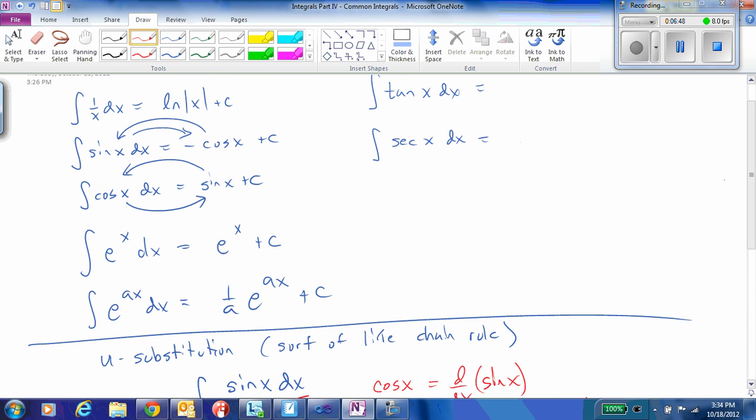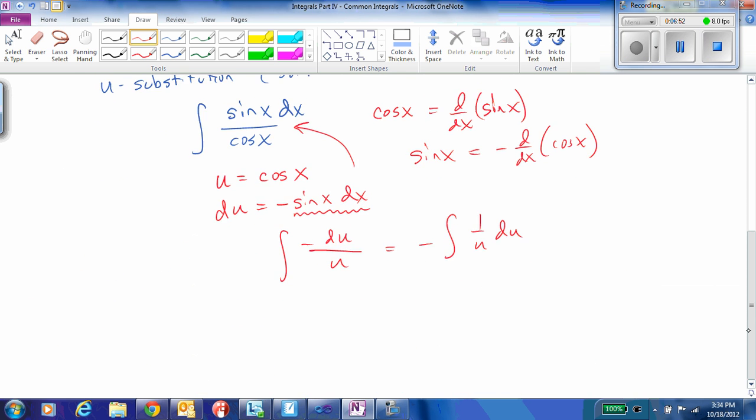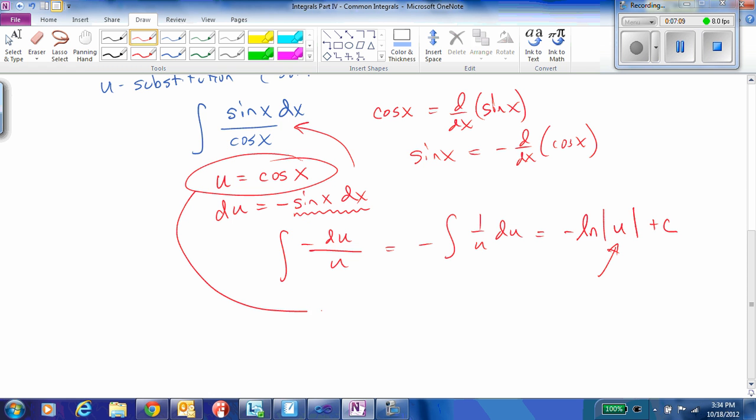The integral of 1 over something is equal to the natural logarithm of that something. So the answer to this is minus natural logarithm of the absolute value of u plus a constant. But I can't leave this u because I wasn't given it to start with. I have to put what u was back in. So I come back to here and I see that I used u equal to this. I can substitute that in there.